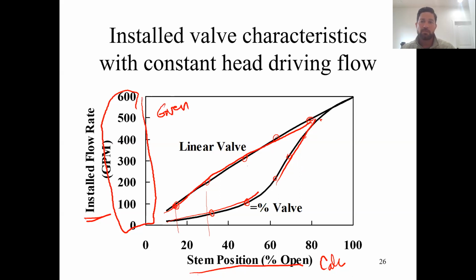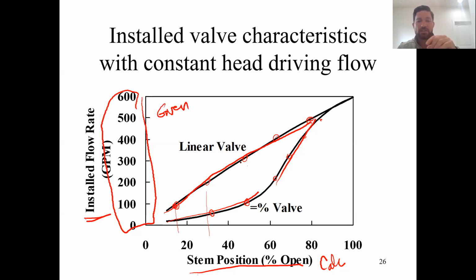Now the problem with this is, when we use this valve in a control system, the controller is essentially going to output a milliamp signal or an air pressure. So if you increase the air pressure a little bit, it's going to correlate to a change in stem position, right? Essentially it's going to be linear, because the control systems are going to be based on linear models.